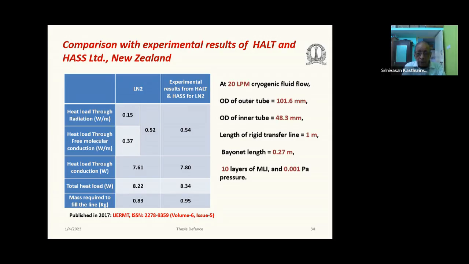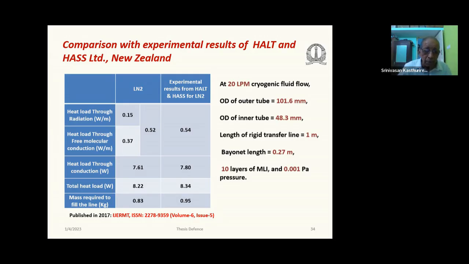The length of the rigid transfer line is approximately 1 meter, and the bayonet length is about 0.27 meters. We have 10 layers of multi-layer insulation with an interspace pressure of 0.001 Pascal. So these are the initial parameters which are used.